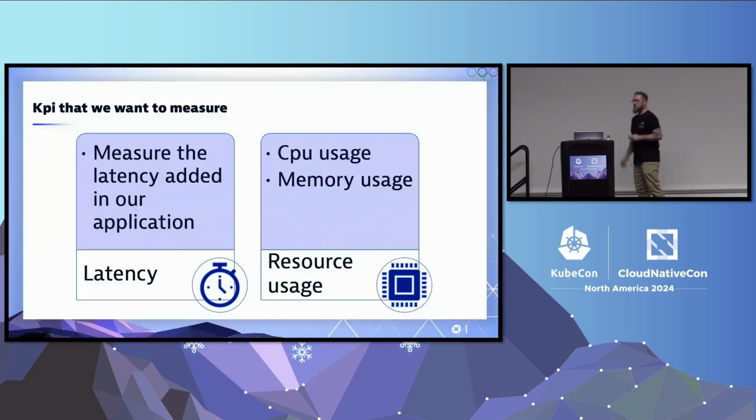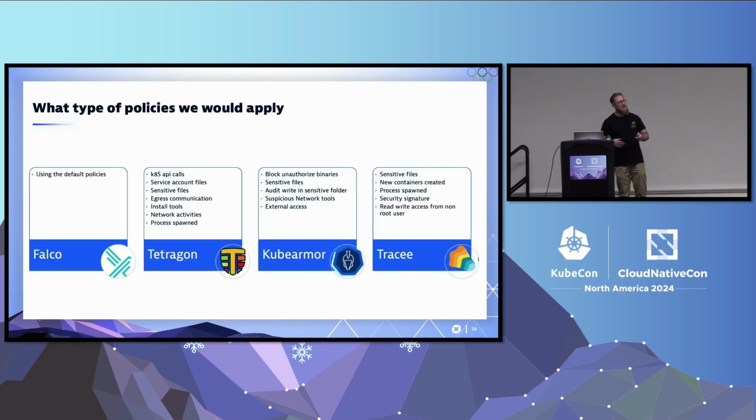All right, cool. So what I did is I wanted to measure a couple of KPIs: the latency those agents introduce, and of course the resource usage. To do that, I defined a couple of policies. I looked at the Falco default policies, and they were covering everything, so I didn't need to customize; I used the default policy.